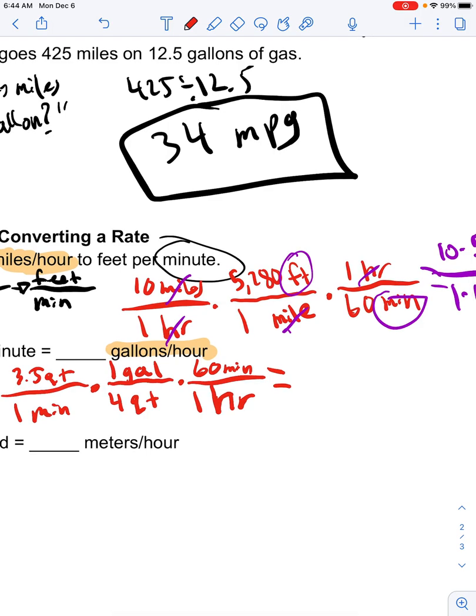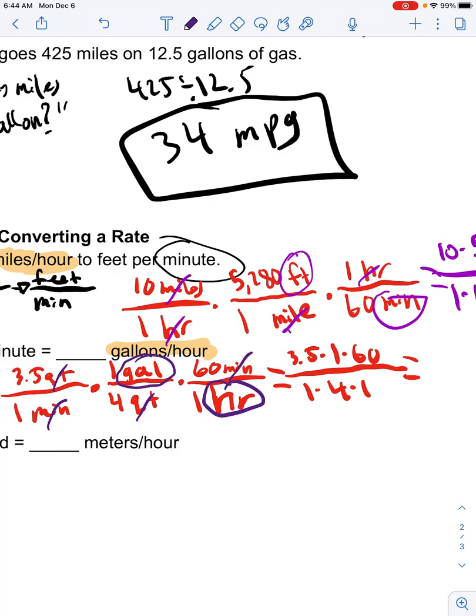So if I start simplifying, again, I'm going to have 3.5 multiplied by 1 times 60, and then I'm going to have 1 times 4 times 1. As I look here, okay, quarts cancel out. Minutes cancel out.